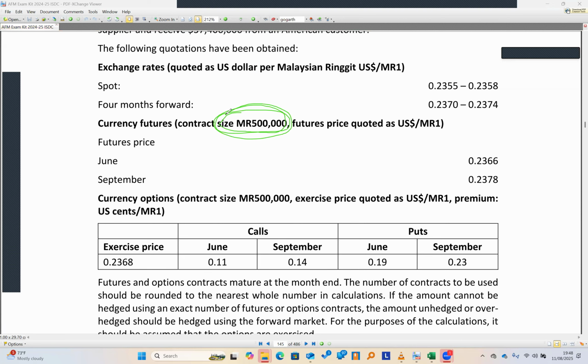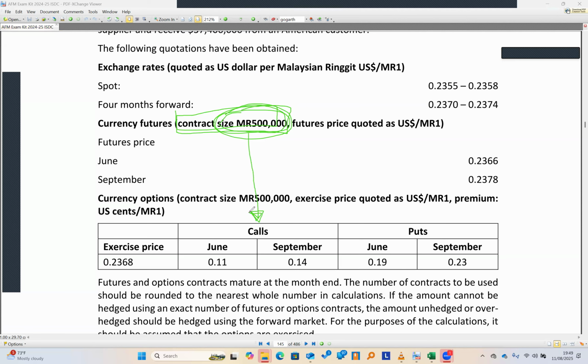And we are going to have to purchase Malaysian ringgit, because remember, they are going to give us dollars. So if we have to purchase the currency under which the contract size is quoted, then we buy call options.